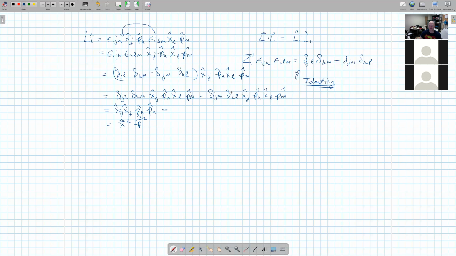So I'm going to get a minus. Here I'm going to have a j and an m equal to each other, so this j and this m have to be the same. So let's write that here. Basically what has to happen is I'm going to get an x_j times a p_j. I'm sorry, it should become a j.